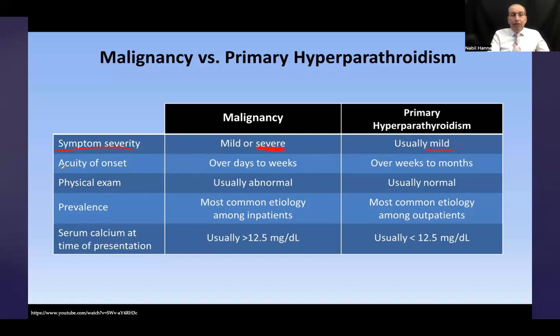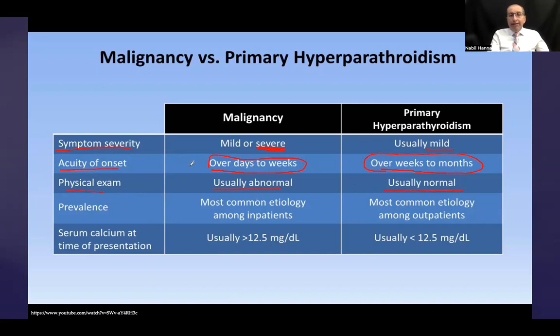The acuity of onset in terminal malignancy, this hypercalcemia occurs rapidly, days to weeks, but in hyperparathyroidism, it takes weeks to months. It develops slower. The physical examination in terminal malignancy is usually abnormal, whereas the physical examination in hyperparathyroidism is usually normal.